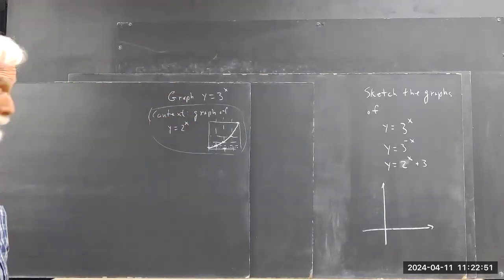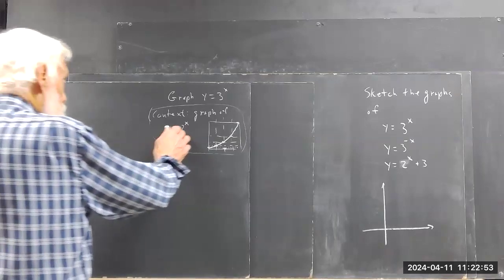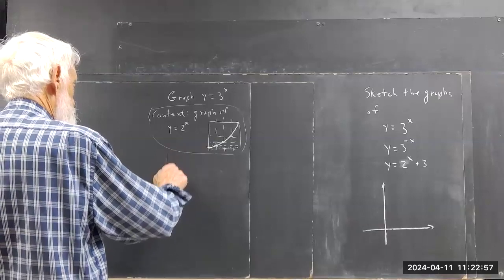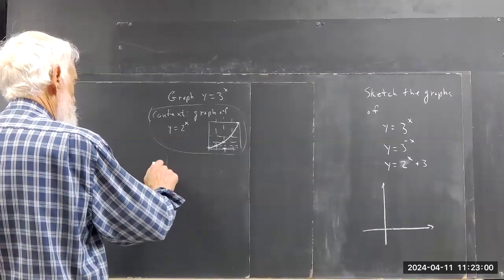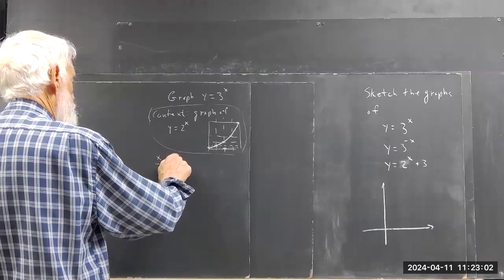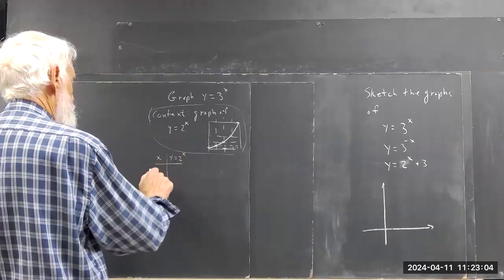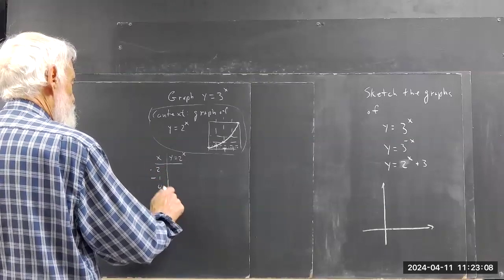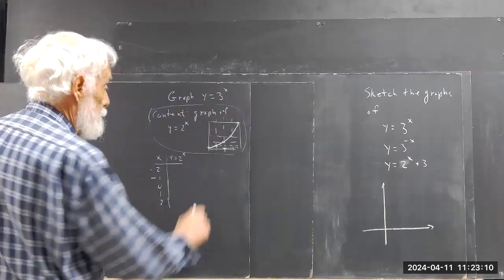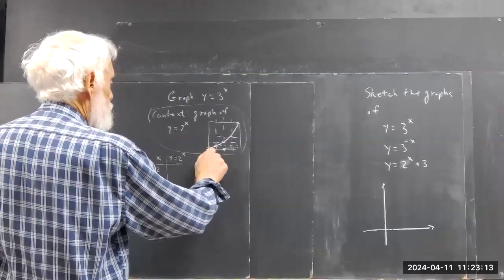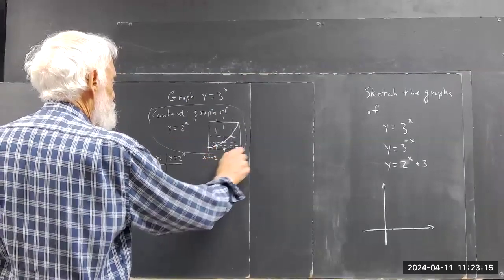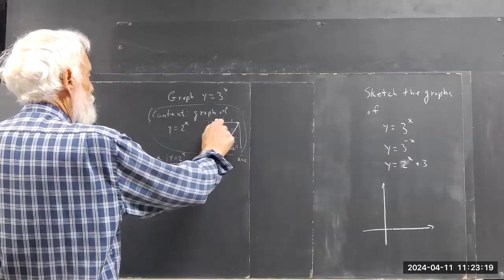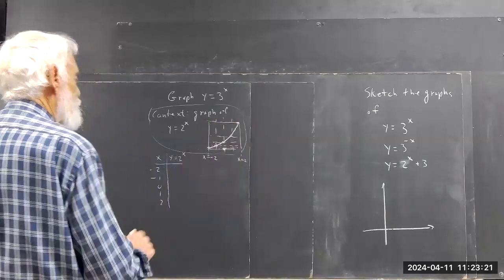Now, early in the semester, we saw that the graph of 2 to the x matches. Of course, this is a 4x4 rectangle with a red dot here. Then here is x equals -2. Here's x equals 2. And up here is y equals 4.